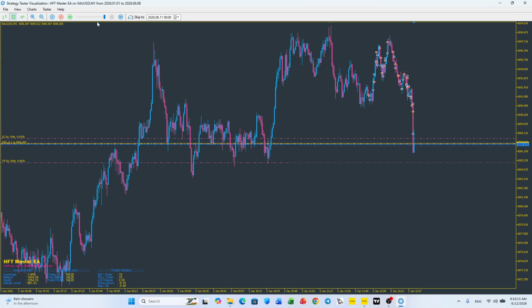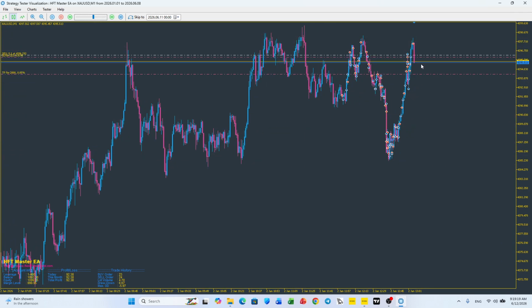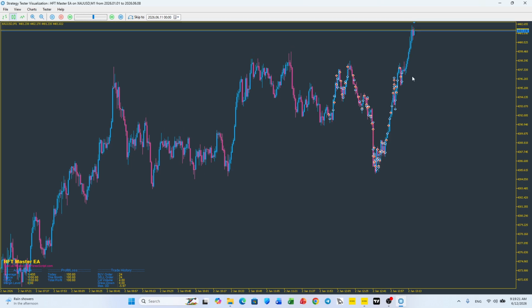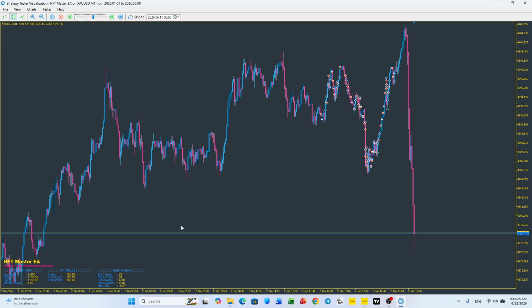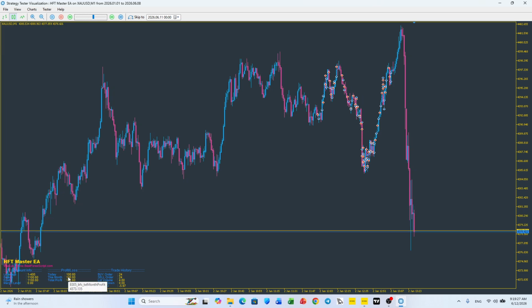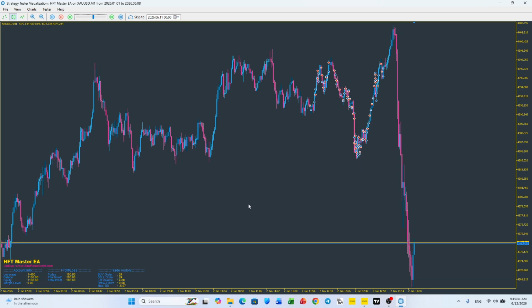As you can see, it created a buy stop and a sell stop, and whenever it hits the buy stop, it will delete the other one. Now for the first day it reached $100 already, and it stopped trading and is waiting for the next day.